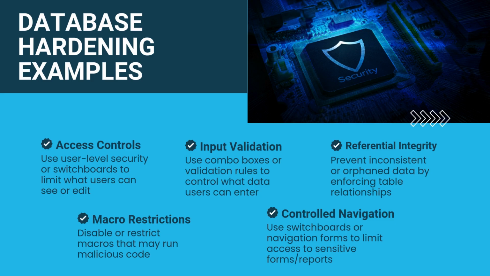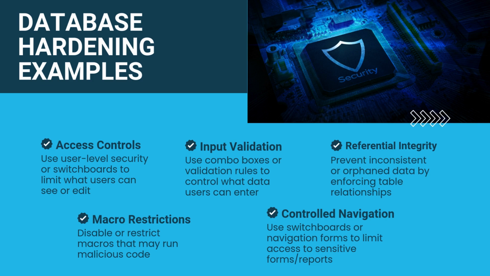Let's look at some specific examples of how to harden your database. First, input validation is key. You want to make sure users can't enter malicious or invalid data that could crash your system or open it up to attacks. Referential integrity helps keep your tables linked correctly, preventing mismatched or orphaned records. Macro restrictions are another big one.